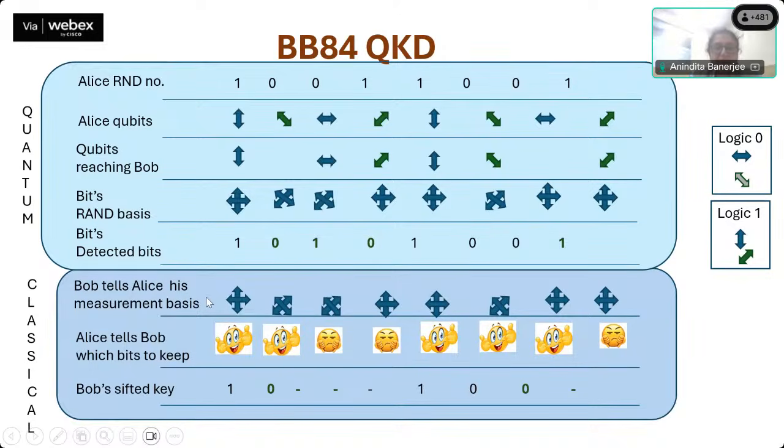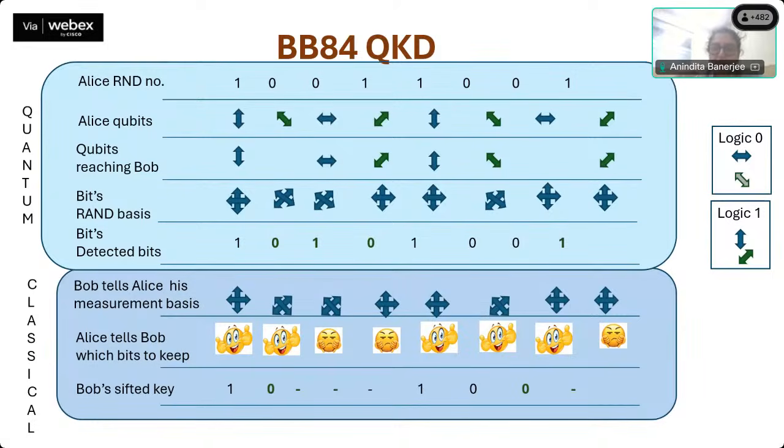And finally, when Alice will tell Bob which one to keep and which one not to keep. The key is not shared. You have to understand what kind of information is being sent from Alice to Bob. Alice is sending the bits randomly encoded. Then Alice is also telling which basis of Bob is correct or matching hers. She does not tell about the key or the encoded state.